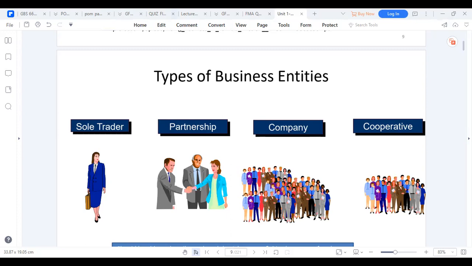It's very good. So for a sole proprietor, the characteristics are as follows. An individual owns and operates his business. There is no legal distinction between the individual and the business itself. In terms of liability, the sole trader has what we call unlimited liability because here the debts of the business are the debts of the establishment.